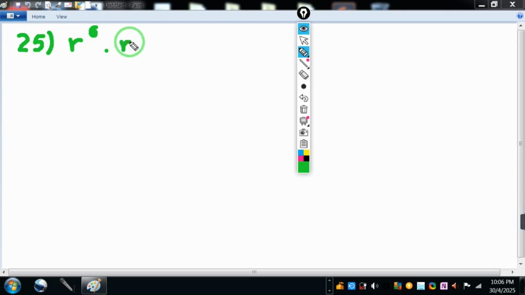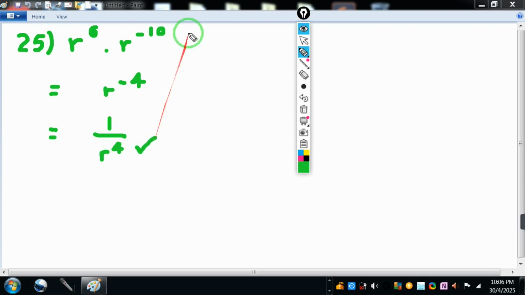Okay, no need times. To the power of minus 10. And what is that? First one, R is R. 6 plus minus 10. 6 minus 10 is minus 4. And it becomes 1 over R4. R to the power of 4, 100% correct.